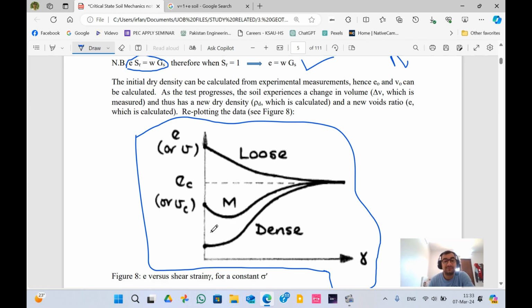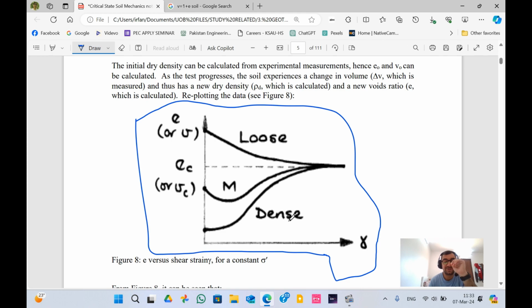Dense soil goes towards dilation, and loose soil goes towards contraction, which have been shown here.